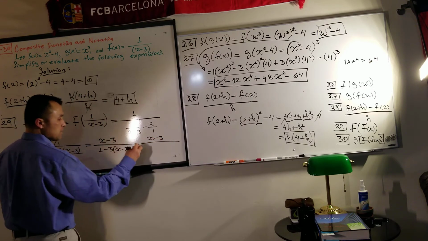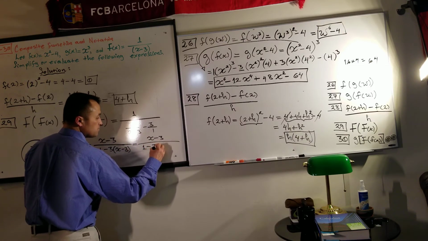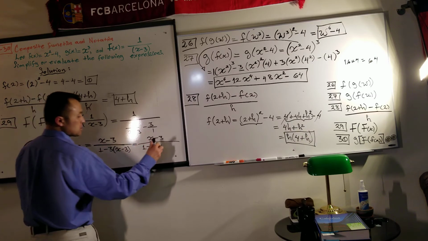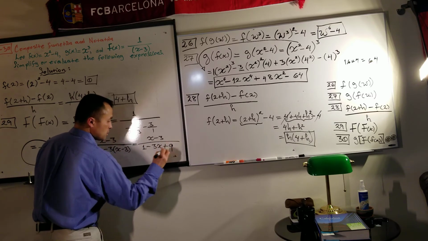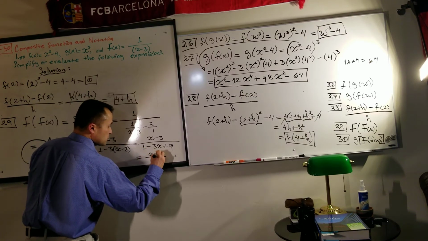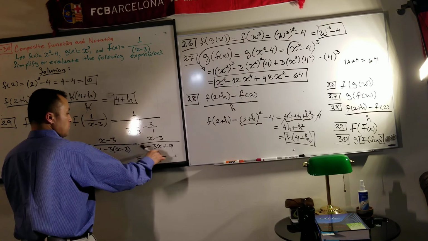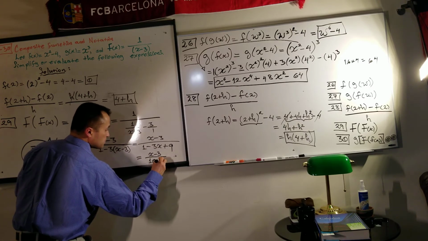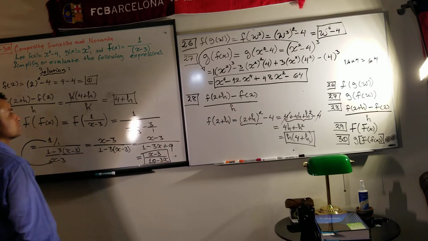And then we have 1 minus 3 times x, that is 3x, minus times minus is positive, 3 times 3 is 9, and this is going to be equal to x minus 3 divided by 1 plus 9, that is 10, minus 3x, and that is the minimum expression.